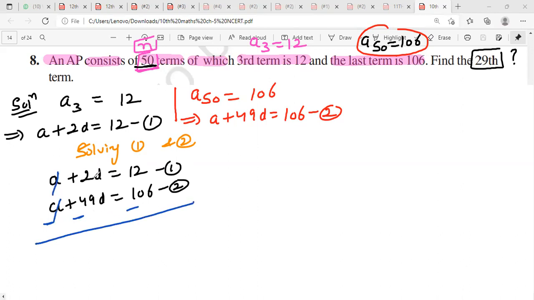Minus 49 plus 2, that is minus 47d. Minus 106 plus 12, that is minus 94. Now minus and minus will be cancelled out. D will be equal to 94 by 47, that is 2.